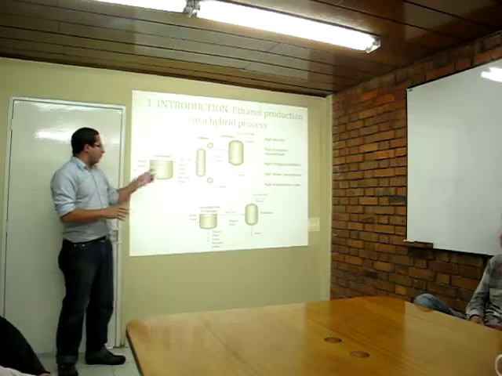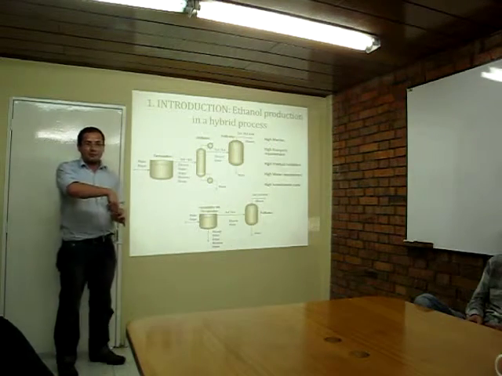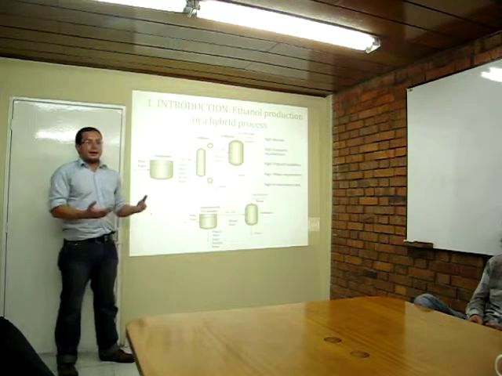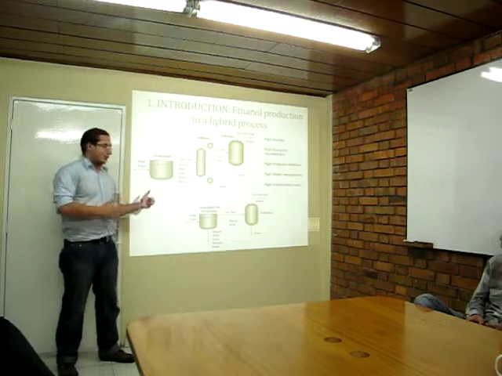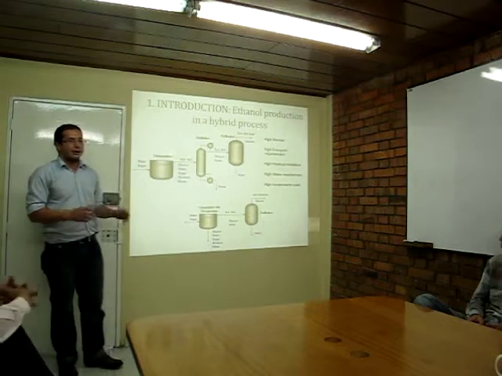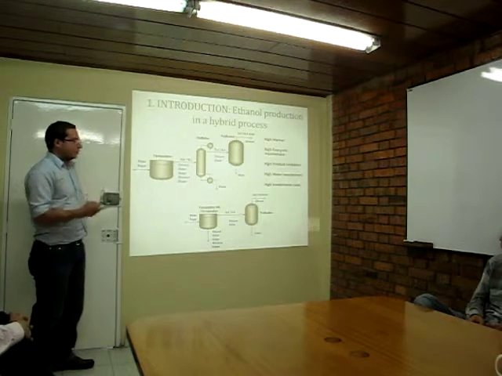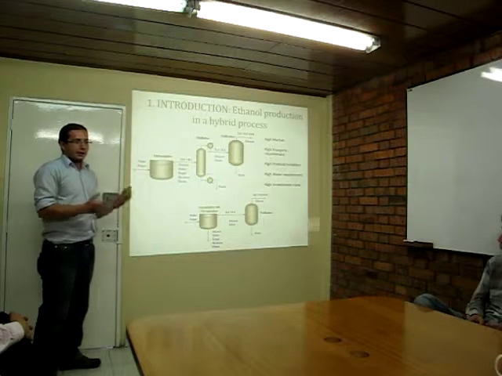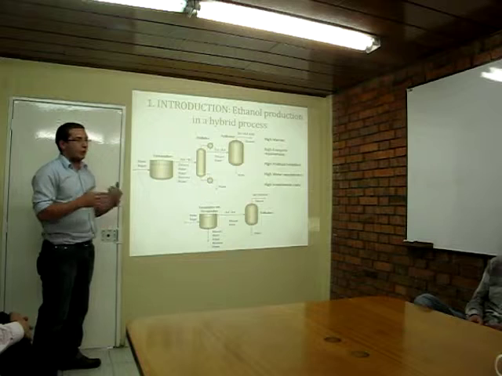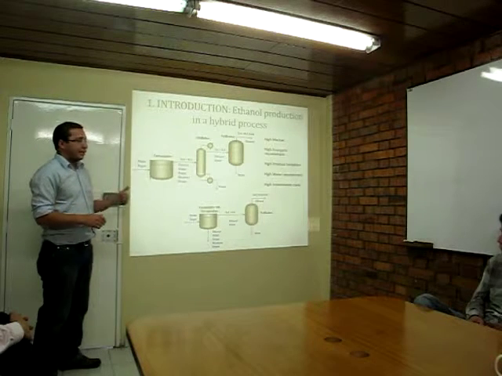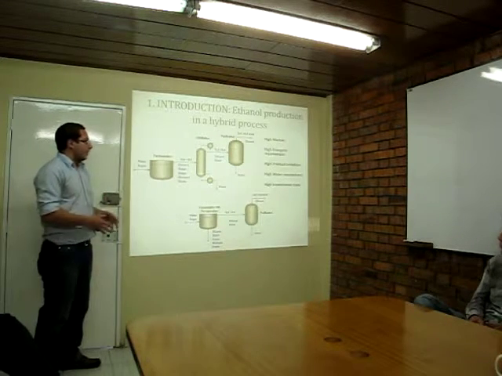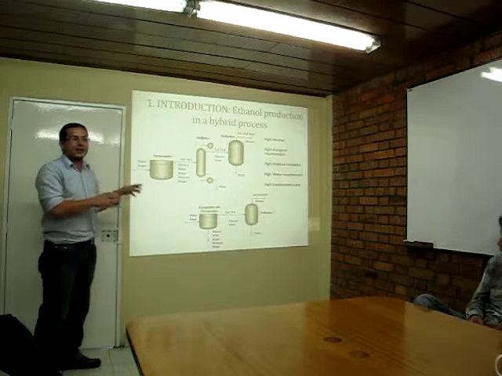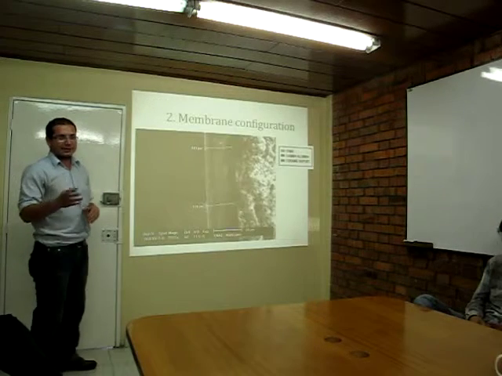Then we put the membrane inside the fermentation, and the pervaporation stream goes to the purification, and we only need 2 steps, not 3. We can get a lower energy requirement, and we can get a better production. We saw all this explanation in a previous presentation.